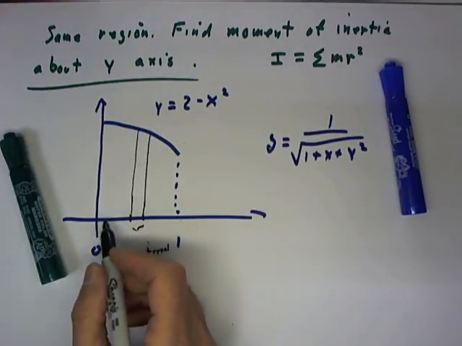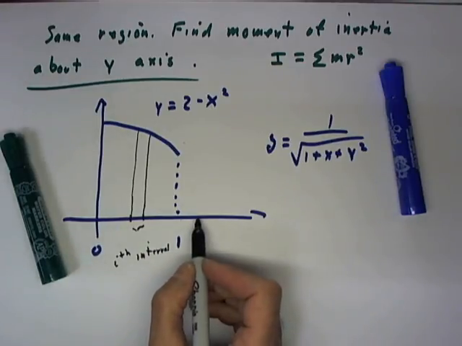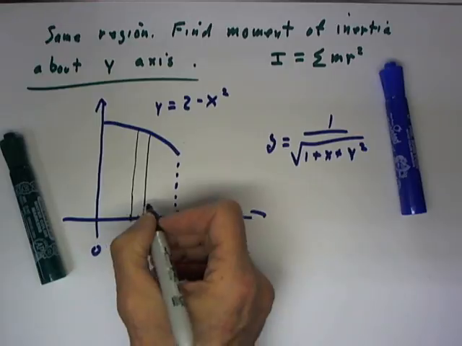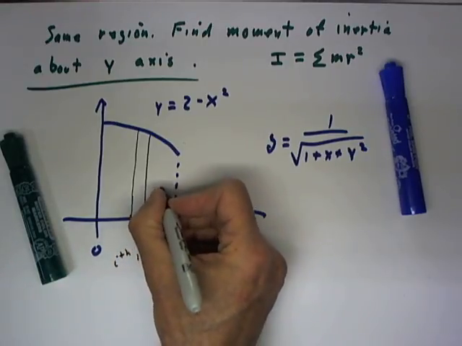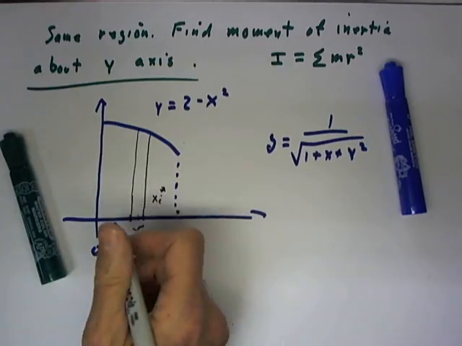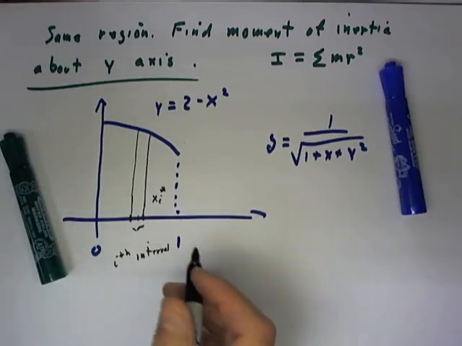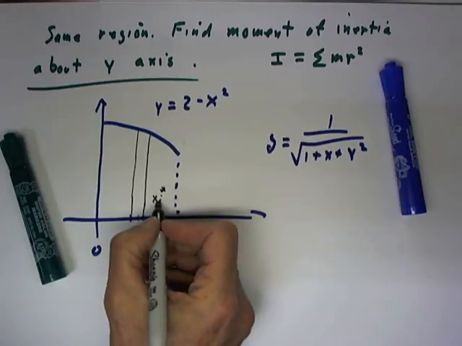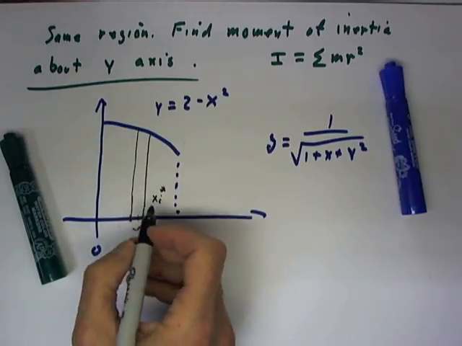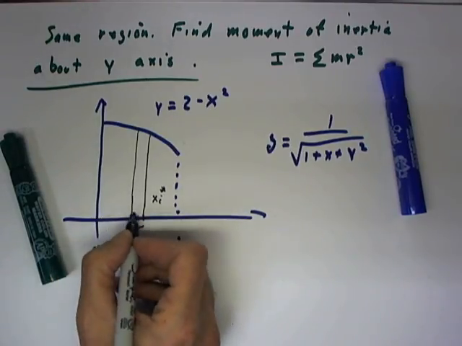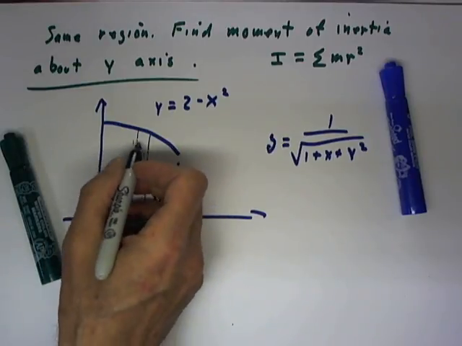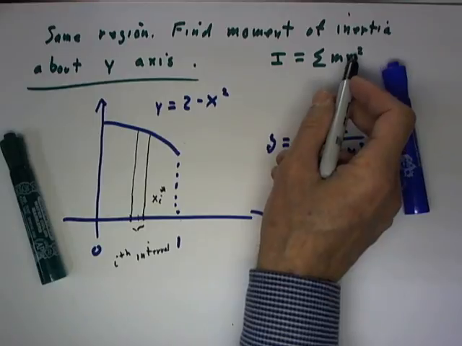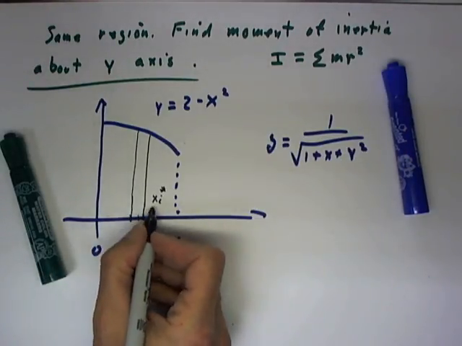Now, I considered an interval of the x-axis because for our sample point xi star, xi star is at a constant distance from the y-axis, so that our r in the calculation of moment of inertia is just going to be xi star.